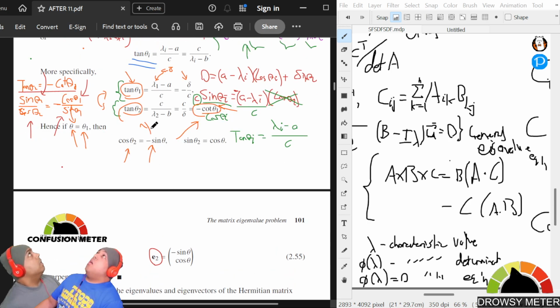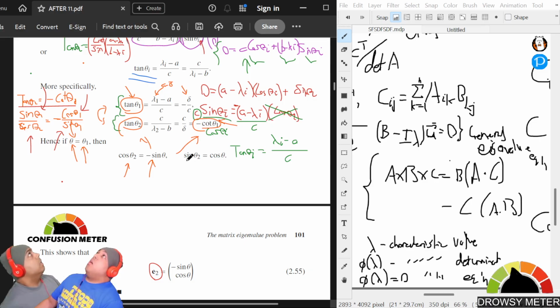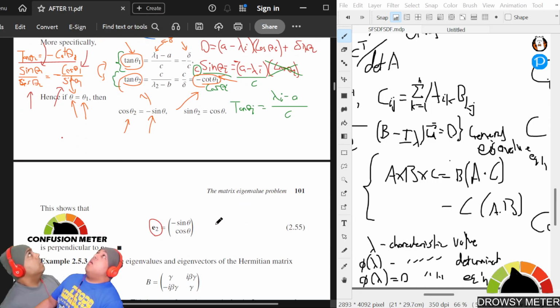What about theta 1? Theta 1 would just be theta. I believe E1 should be cos theta sine theta, yeah.